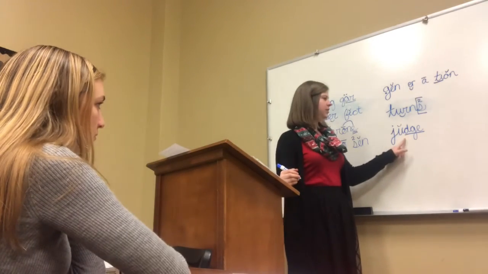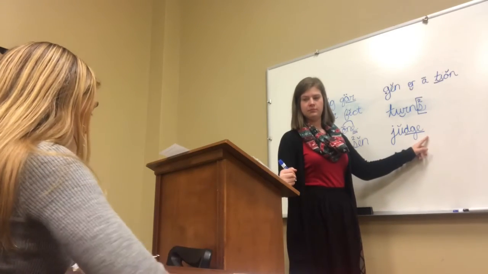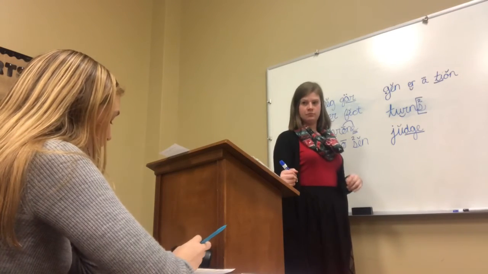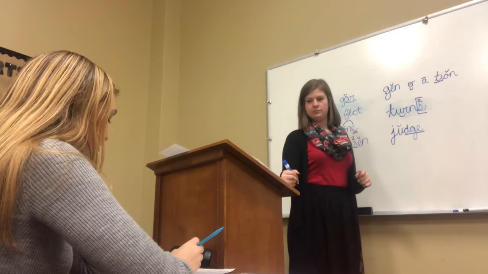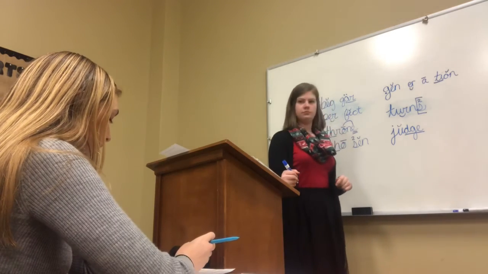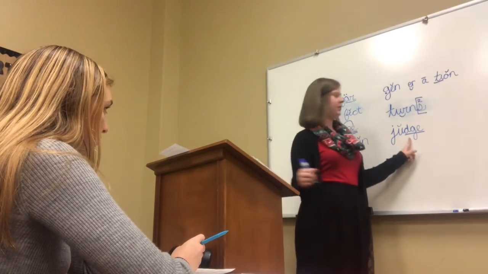Wonderful. And why did we use 3-letter J here? Because of the C3 rule, which is k, j, ch come after a single vowel that says a. Great job. So we've got the here, so we put it right after that.